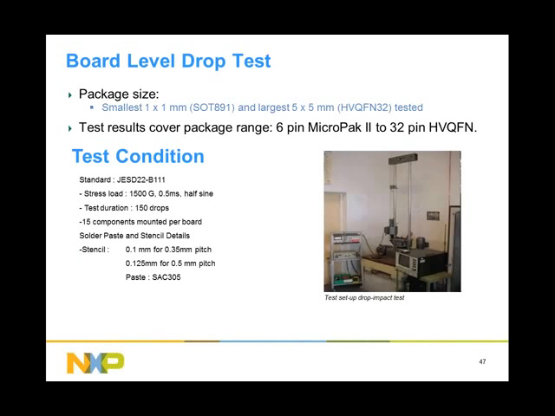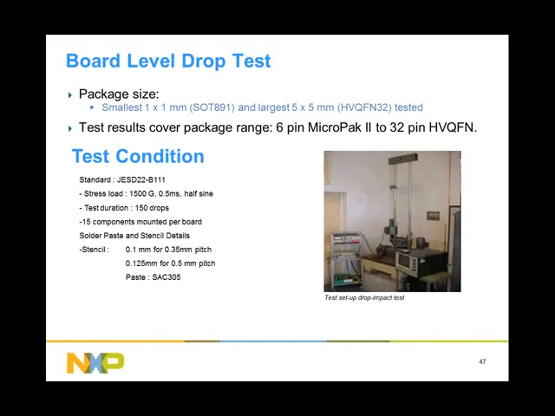Moving on then to drop testing, and we all know how often we drop our products, our cell phones and everything else. In the industrial marketplace, the floors are typically a lot harder, just directly onto the concrete. So we also performed extensive drop tests for the MicroPak 6-lead package, and also for a QFN package of 32 leads.